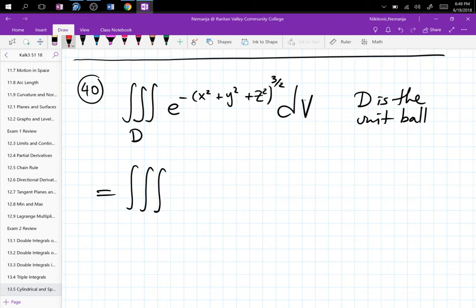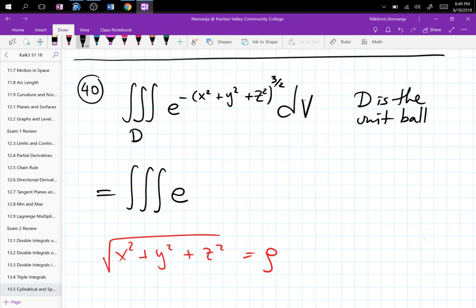One more piece of information is that the equation of the sphere is x squared plus y squared plus z squared equals rho squared. You know this from chapter 12. So rho is equal to the square root of this, which compresses our problem to negative rho cubed.